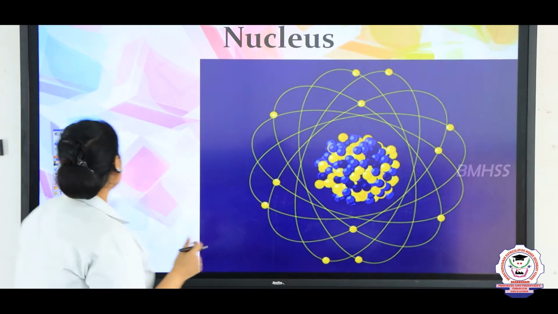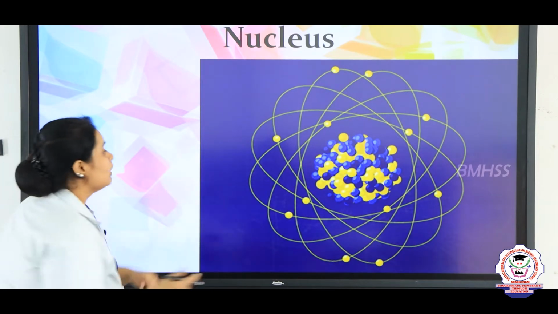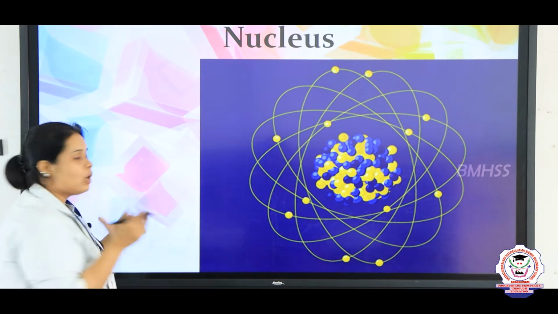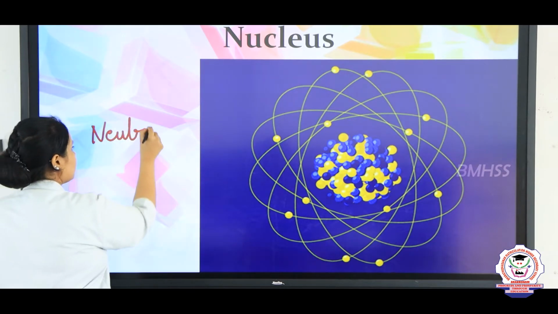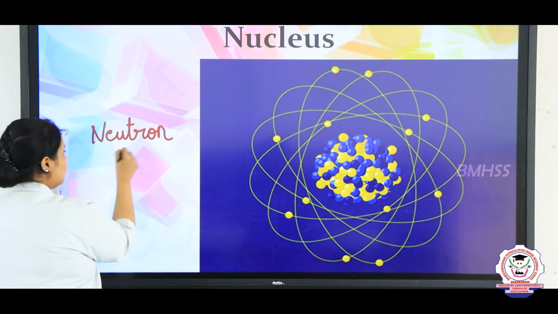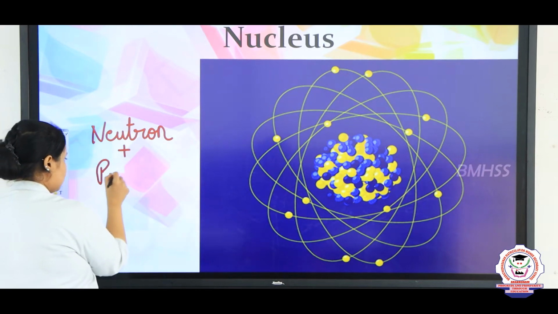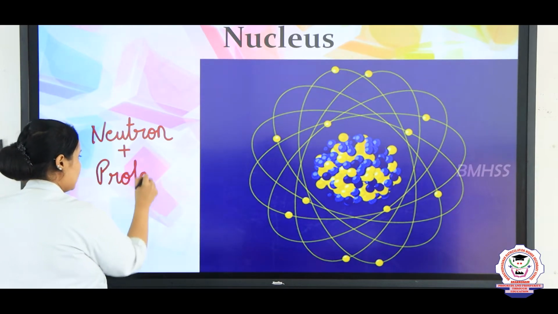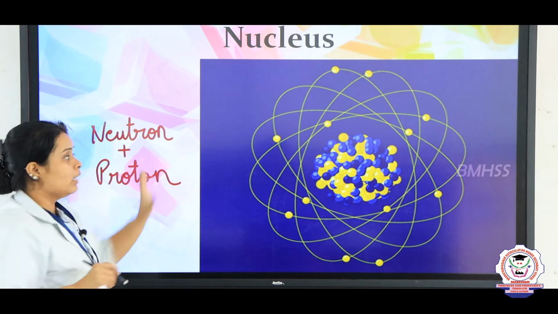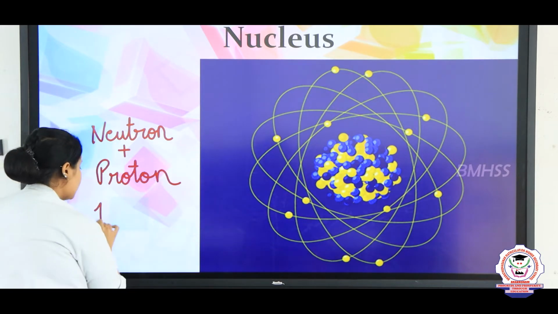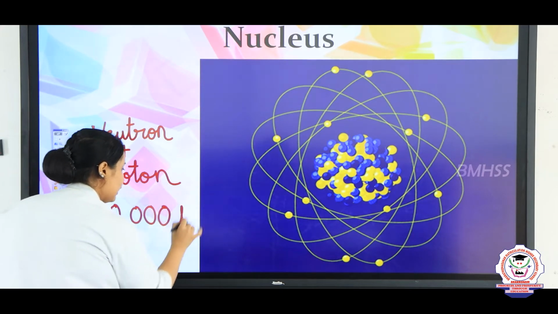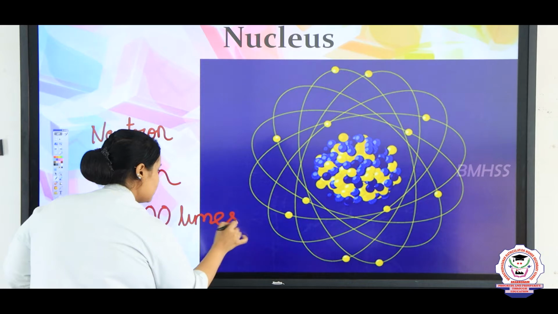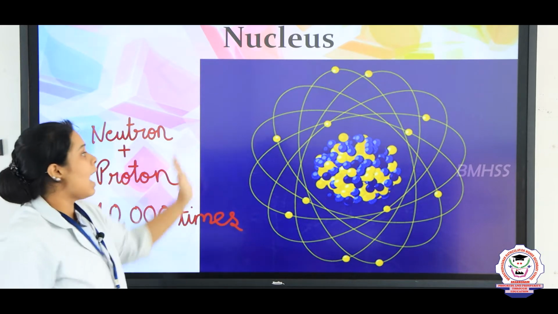So what is the nucleus, children? The nucleus is the mixture of neutron plus proton. And I told you that a nucleus is 10,000 times smaller than the atom.